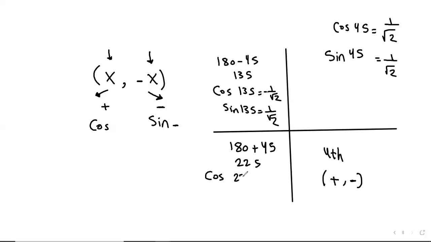Cosine 225 equals negative 1 over root 2, and sine 225 equals negative 1 over root 2. In the fourth quadrant it is 360 minus theta, so 360 minus 45 is 315.